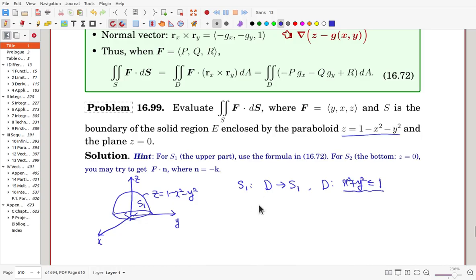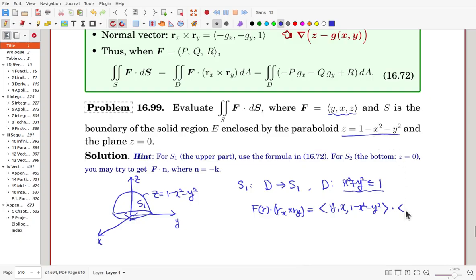Now, F of r, what is F of r? And now r sub x cross r sub y, we'll try to get that one here. That is y, x, z. So there's y, x, y are independent variables, and z is 1 minus x squared minus y squared, and the dot product. And that must be, okay, that is g of x, y, minus g sub x.